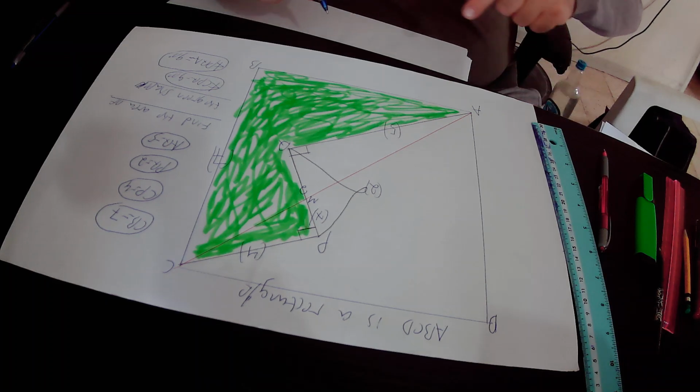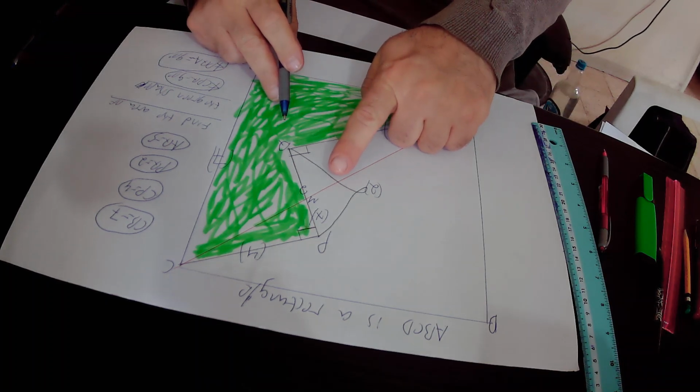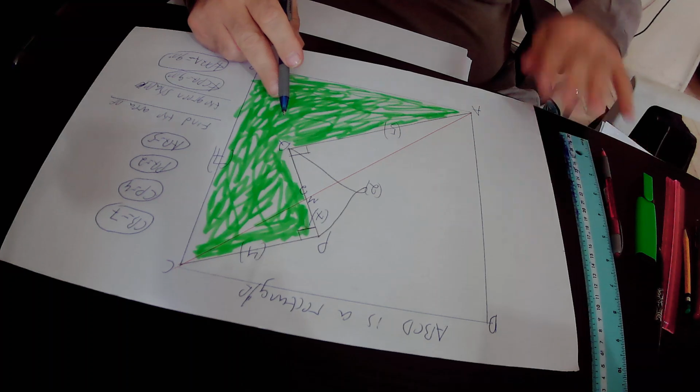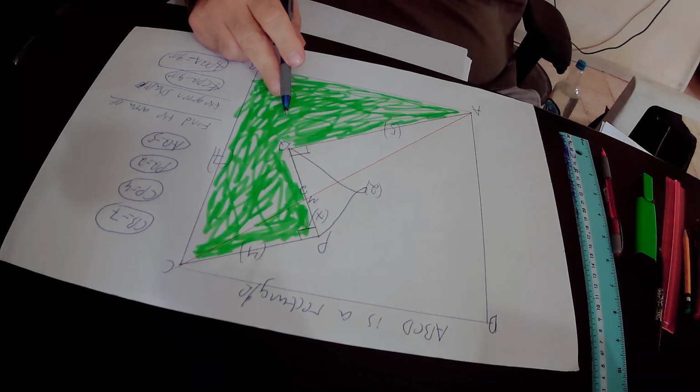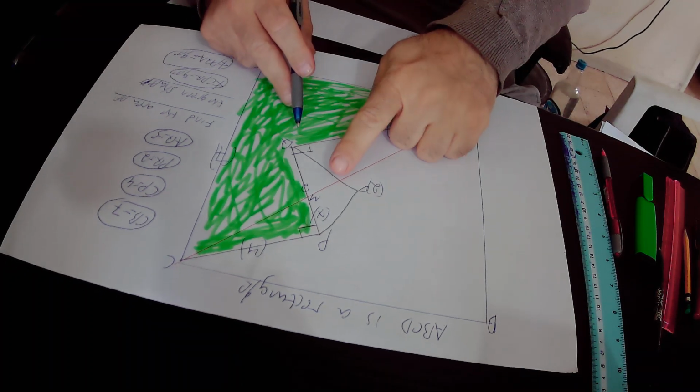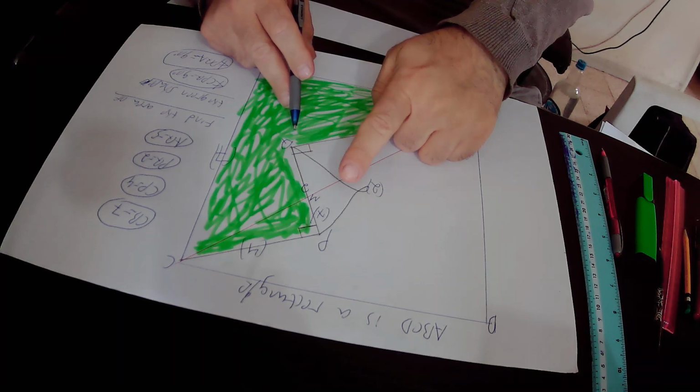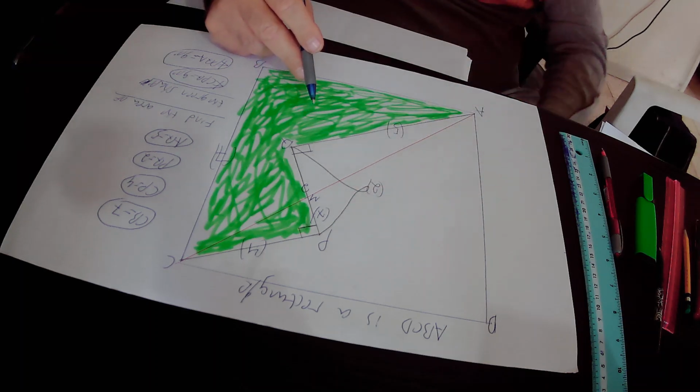So what is the length of line segment MQ? From the drawing it is very easy to see that MQ equals PQ minus PM. So I'll write it down.